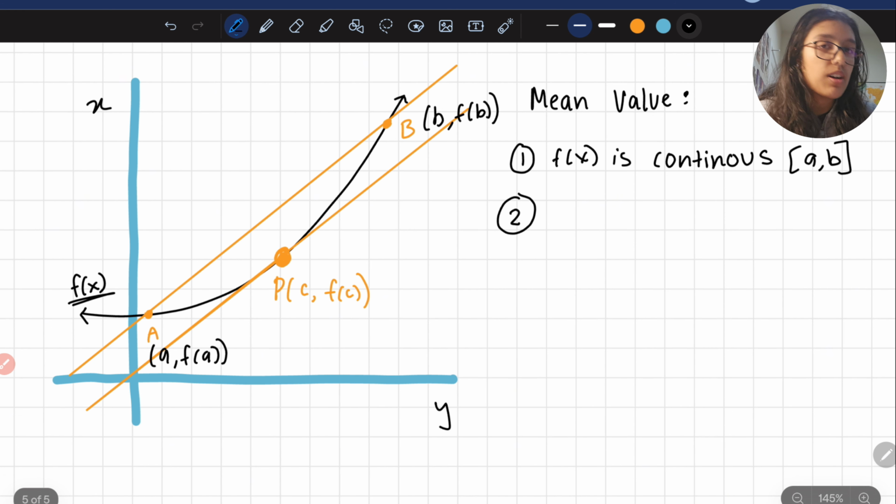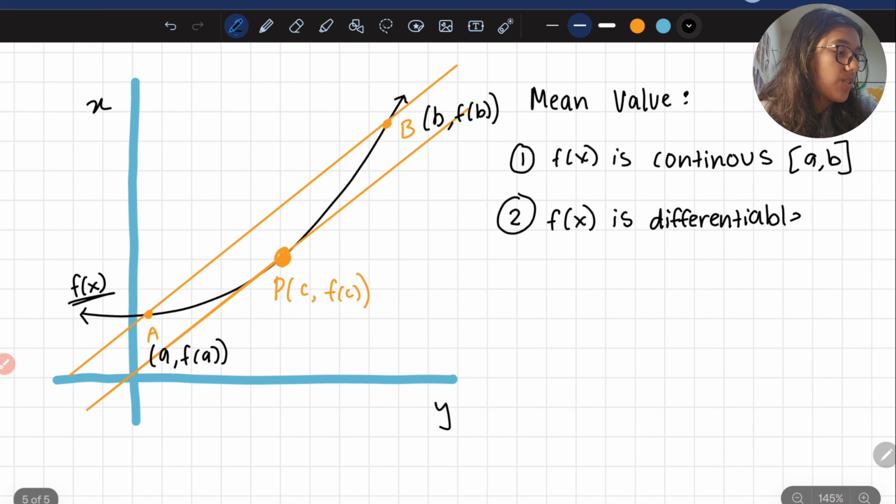Now comes the second condition that we need to take care of before applying the mean value theorem. The second condition is very similar to the first, except it says f of x is differentiable over the open interval a to b. Looking at this, can we say that it's differentiable?